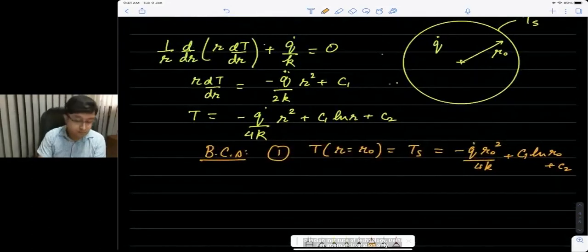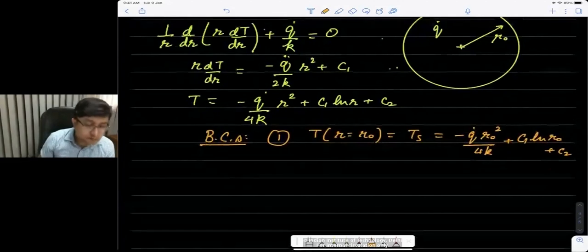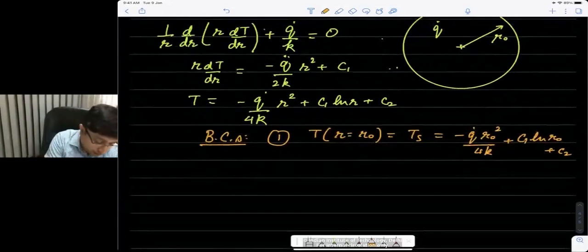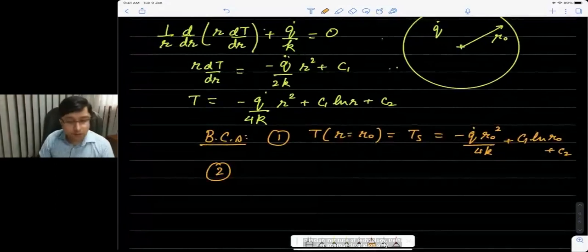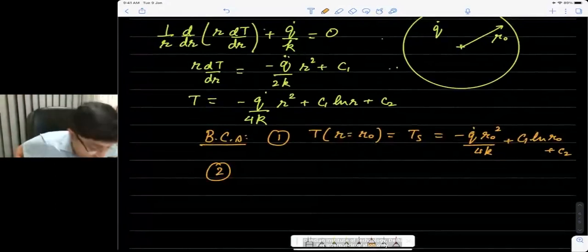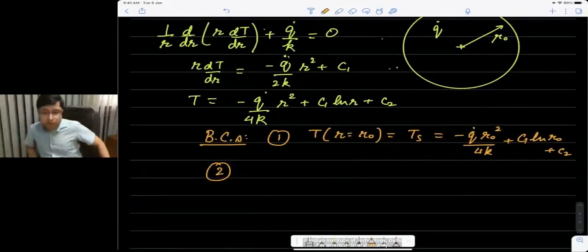So what do we do? Does anybody have an idea? What should be the second boundary condition for this case? Any idea? Although you have done this actually in fluid mechanics, a problem of this type, which was pressure driven flow in a pipe.